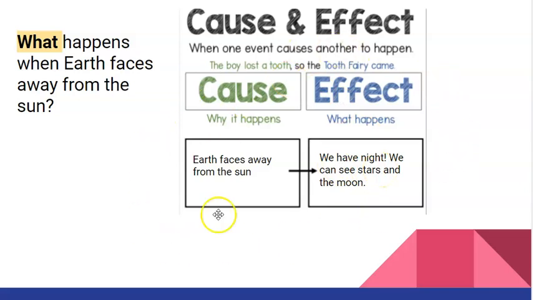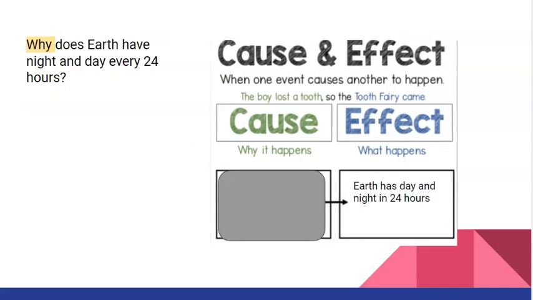So I identified because the Earth faces away from the sun, we have night and can see the moon and stars. Okay, this time I'm going to pause and have you try and answer first, and then you'll check your work against Miss Kelly's. My question this time says, why does Earth have night and day every 24 hours?